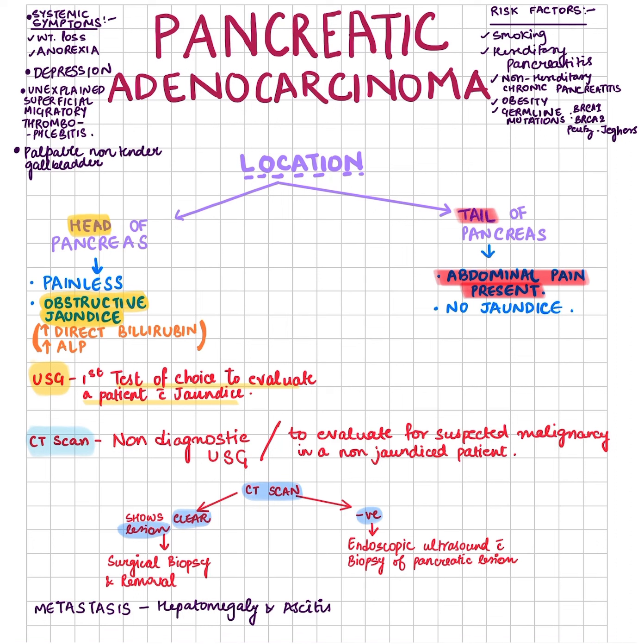And the patient may also complain of steatorrhea, which can be due to two reasons. One is pancreatic exocrine insufficiency or pancreatic duct blockade, which will be due to the tumor present in the head of the pancreas. And then the next thing is, in a patient with these findings, you need to know that the first choice of investigation in a patient presenting with jaundice would be ultrasound, okay?